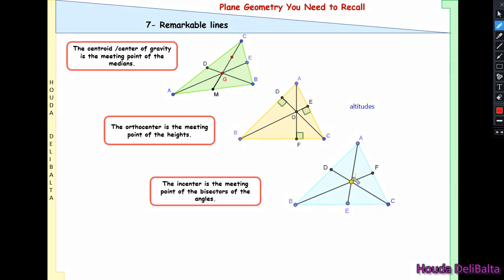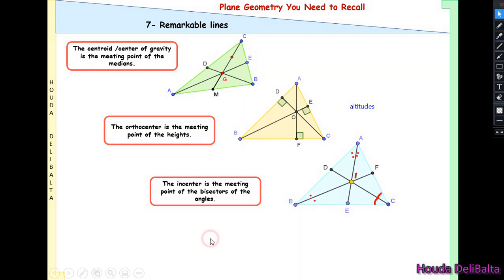AE, CD, and BF are bisectors of the angles, as you notice here. So they intersect at this point and we call it I. It is the incenter, the meeting point of the bisectors of the angles.